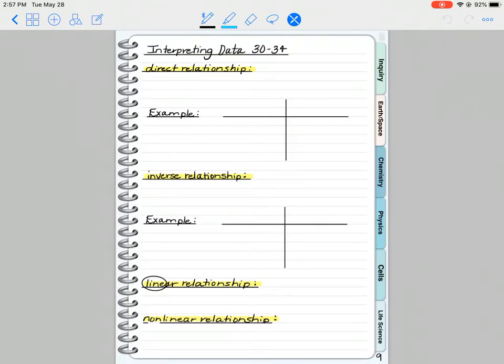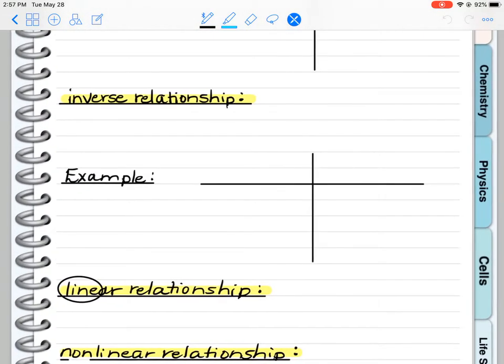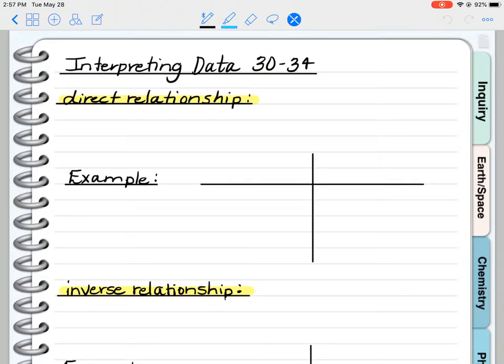So looking at the first one, this is on a direct relationship, and I'm going to give you the definition and then we'll look at an example in real world language. A direct relationship is a relationship between variables. So we're going to have two variables, an independent and a dependent.